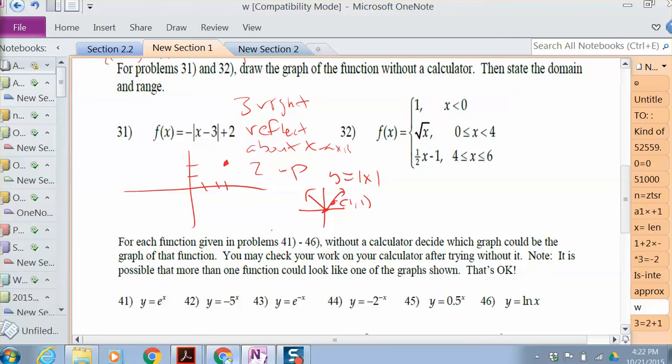Reflect about the x-axis, 4, -1. And shift 2 up, it's a 4, 1. And to ensure symmetry, you have something like that. And there's a graph. Domain, all real numbers. Range, it goes from -infinity to 2.